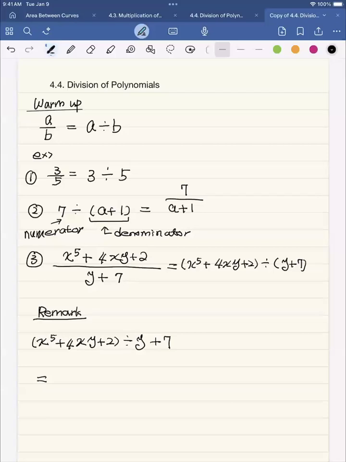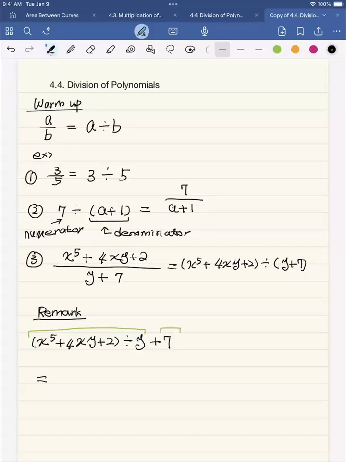If we don't use parentheses, the entire meaning can be very different. For example, in the expression in the remark, this is one part and this is a separate part.